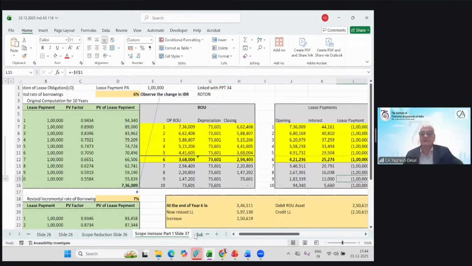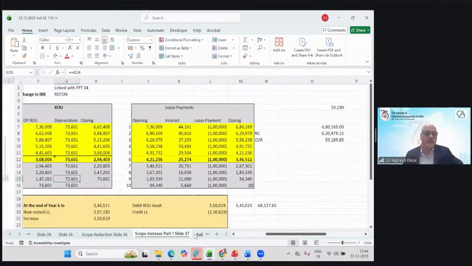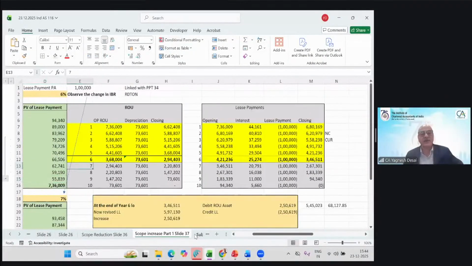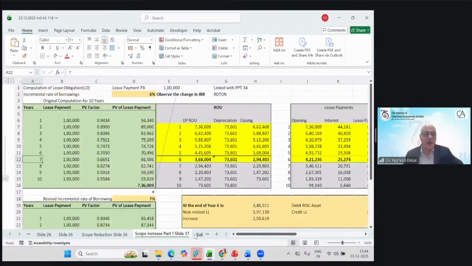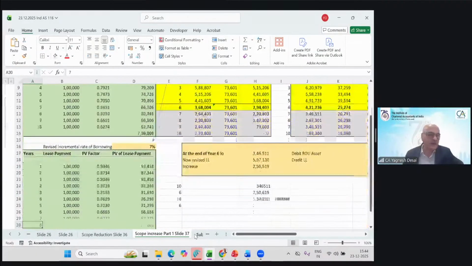Now what happens, sir? At the end of year 6, the carrying value of my ROU was 2,94,000, whereas the carrying value of the lease obligation was 3,46,000. I have not changed my rentals; I have changed the lease term.